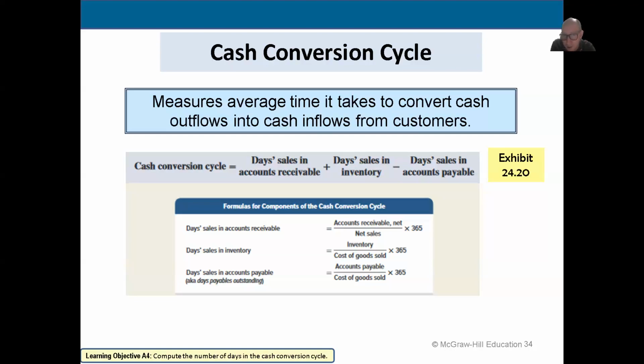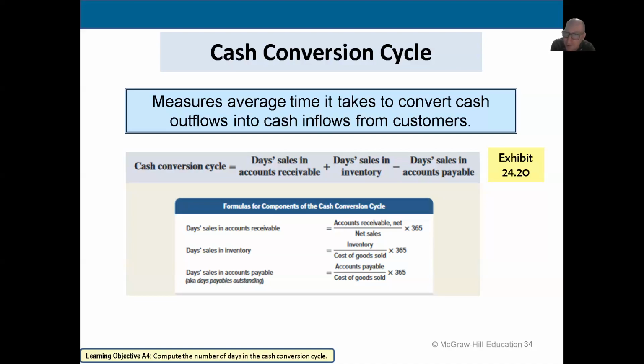Days sales in accounts receivable, we take accounts receivable divided by sales times 365 days in a year. Days sales in inventory, we take the inventory divided by cost of goods sold times 365 days in a year. For the days sales in accounts payable, we take accounts payable divided by cost of goods sold times 365 days.